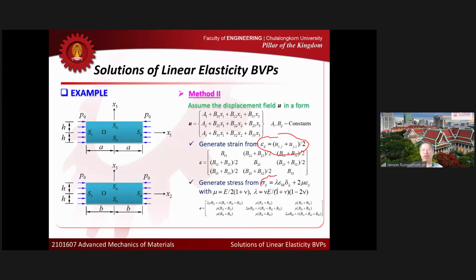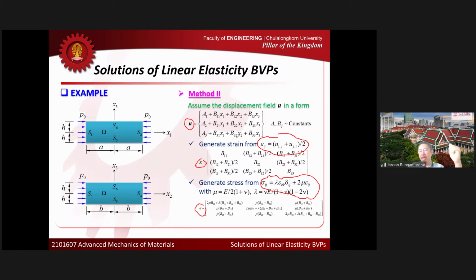That one is already satisfied. We don't need to check those two equations anymore because we use them to generate strain and stress. So if you think about displacement and strain that you got here, we can say that these two equations are satisfied automatically.